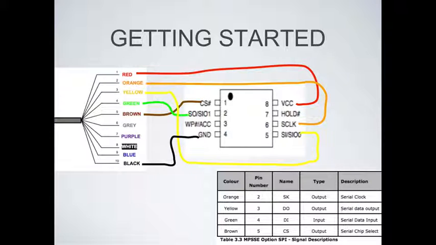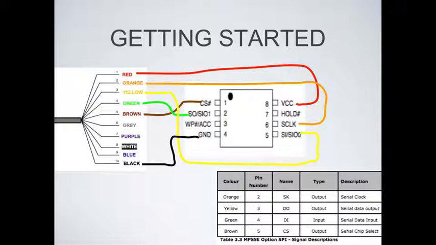If you look down below, yellow, pin number 3, is an output. It's a serial data out. So that needs to hook up to pin 5 of the chip, which is serial data in. And vice versa for the green cable, which is pin number 4 on the cable, and that's an input. So that's going to be the output of the chip to the input of the cable.